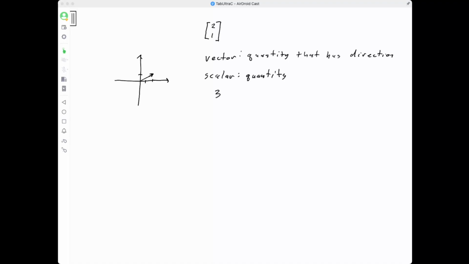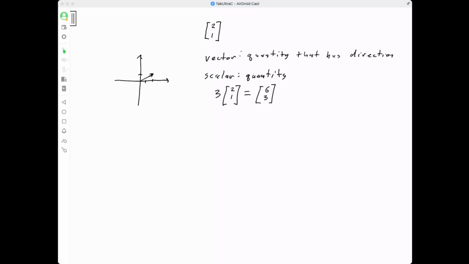A vector like 2, 1 you can think of like a point on the plane, or better yet, a distance and a direction. And so if I take a scalar, 3, times a vector, I get 6, 3, and this was the basis of how we built our first vector equation.